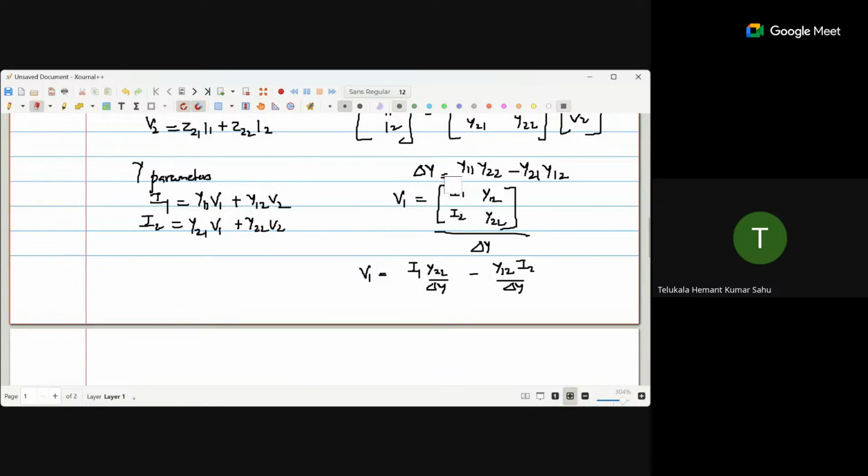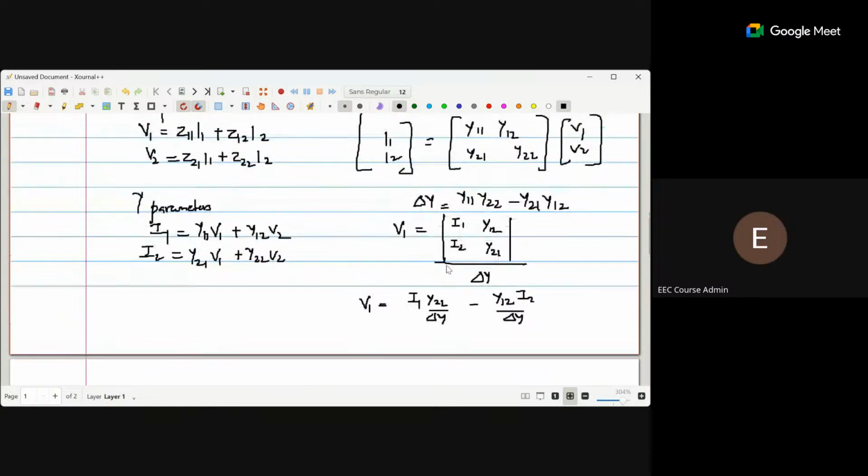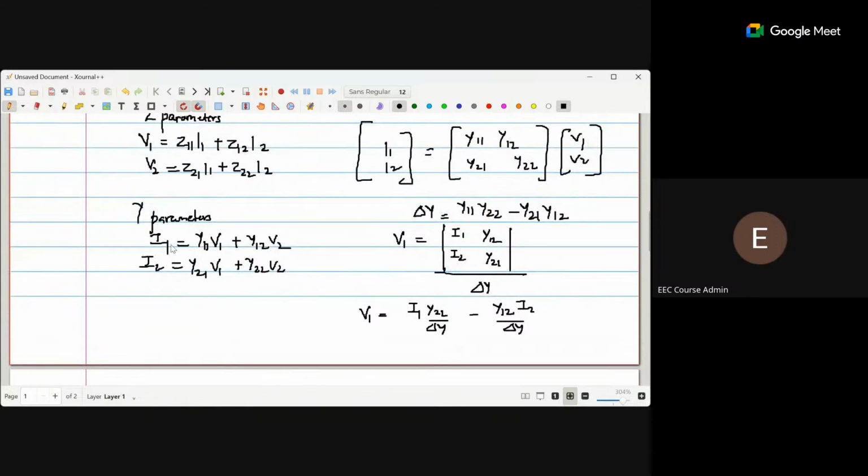V1, please explain them. V1 value. We have by Y parameters like this. That is I1 is Y11 V1 plus Y12 V2, I2 is Y21 V1 plus Y22 V2.